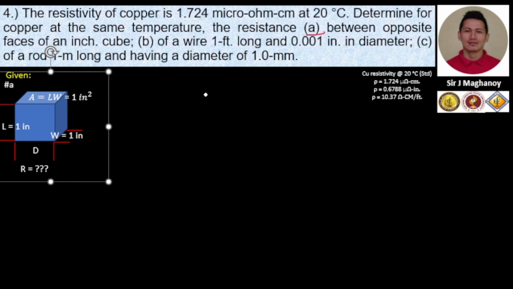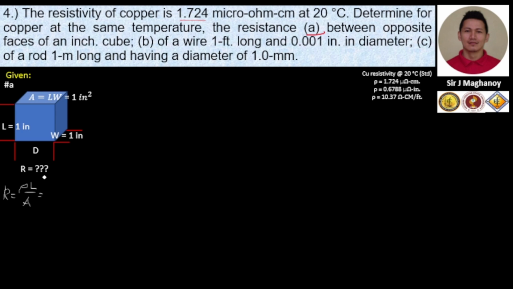So solving for our resistance, we need to use our formula. The resistivity for our inch cube is already given, that is 1.724 micro-ohm centimeter. So using our formula for resistance, R is equal to resistivity times length over the cross-sectional area.